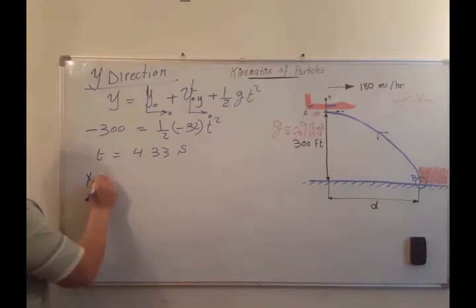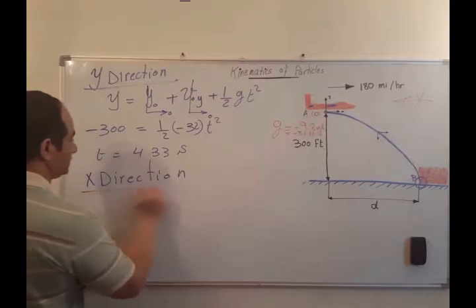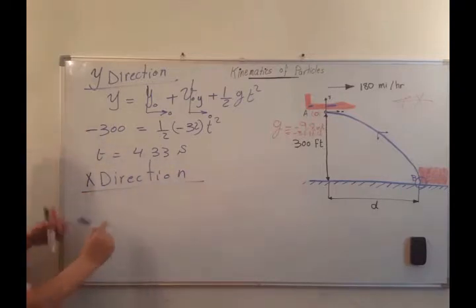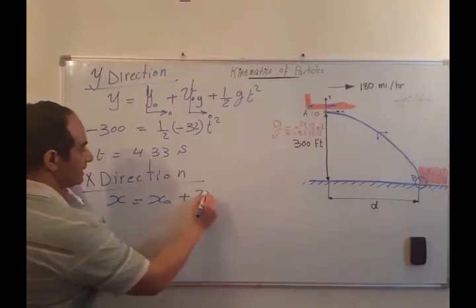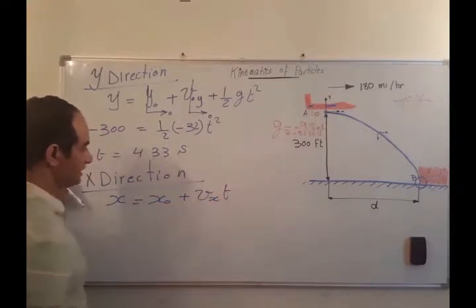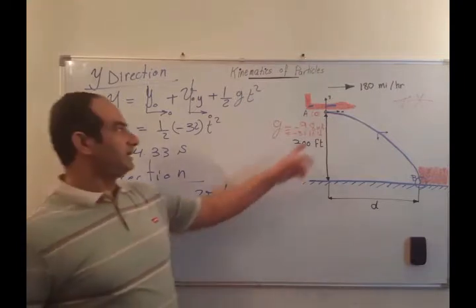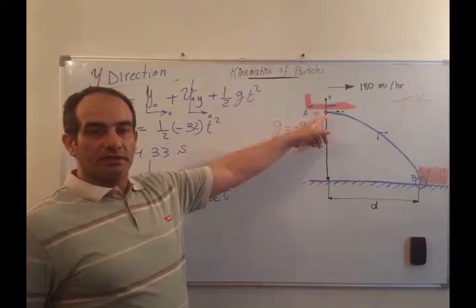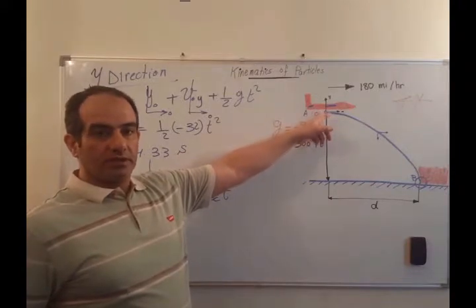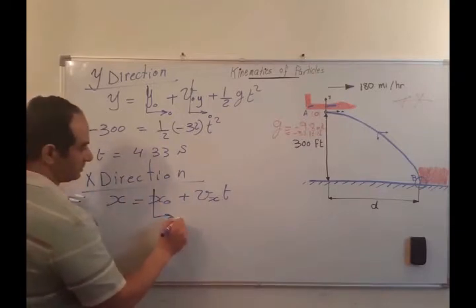In the x direction, we can use our simple formula, x equals x naught plus vx times t. The same as before, since our starting point is at the reference coordinate origin, we can eliminate x naught.